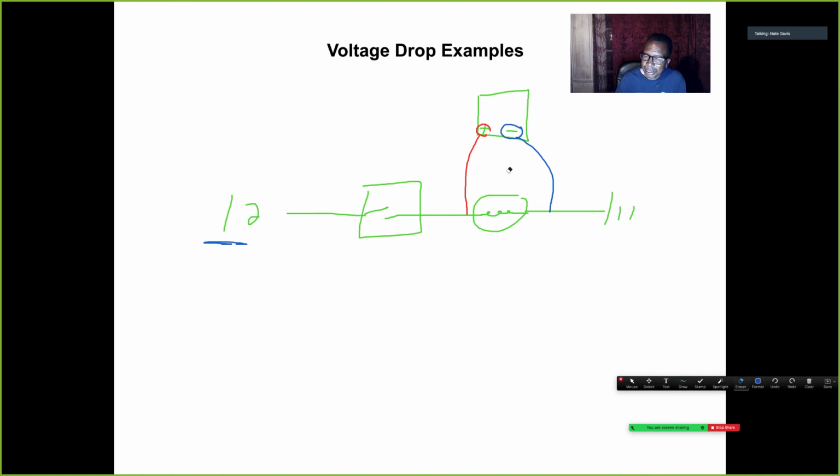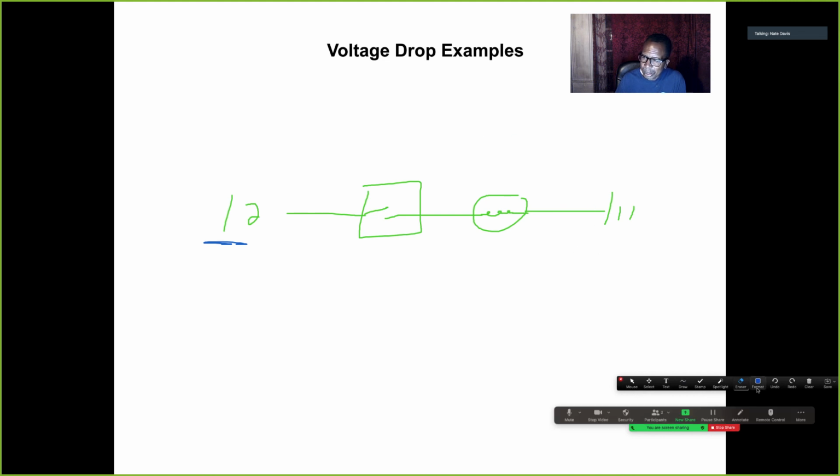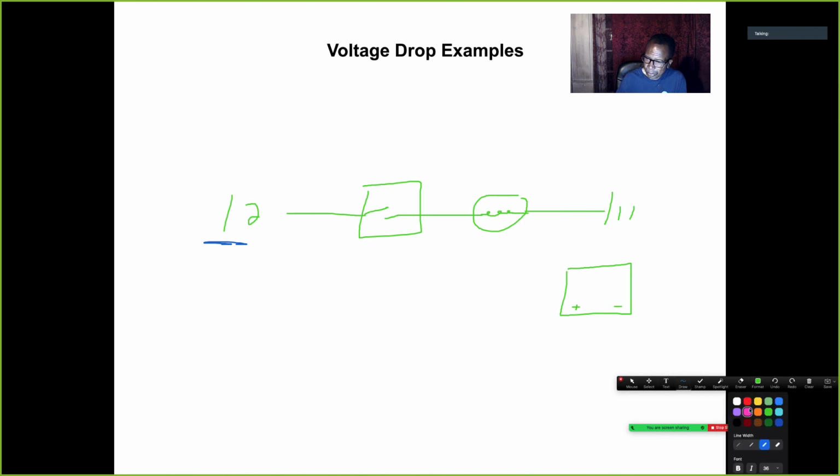The last one is saying I'm doing voltage drop on the ground side. The red lead goes here. And that's supposed to drop on the ground side.